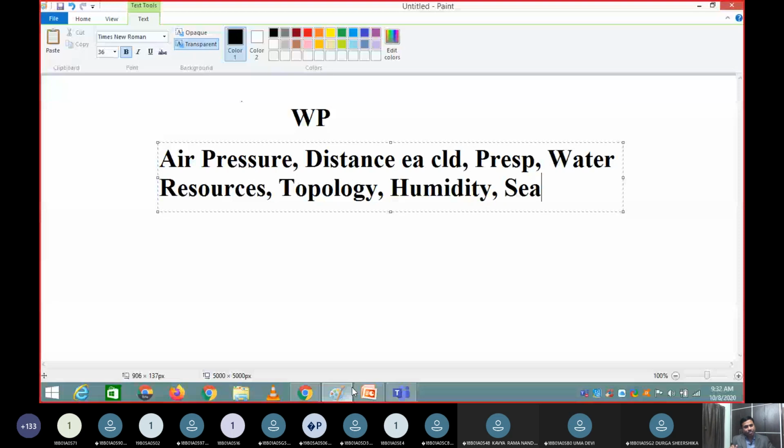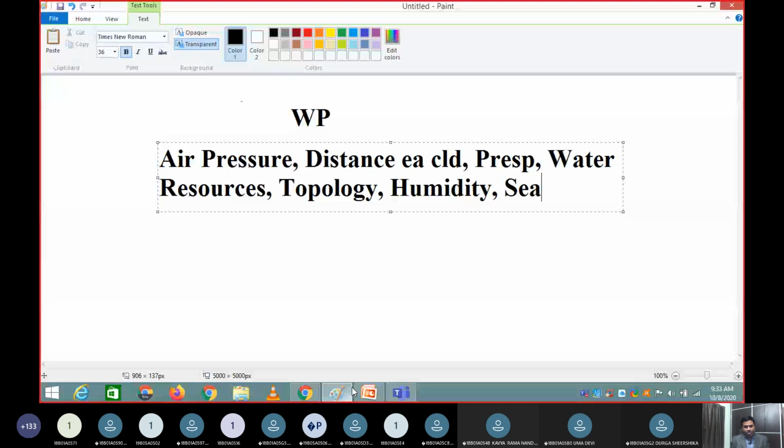When you consider air pressure or the distance from the earth to the nearest cloud, maybe you can develop your expert system, but the accuracy that you get is not near to what will exactly happen.